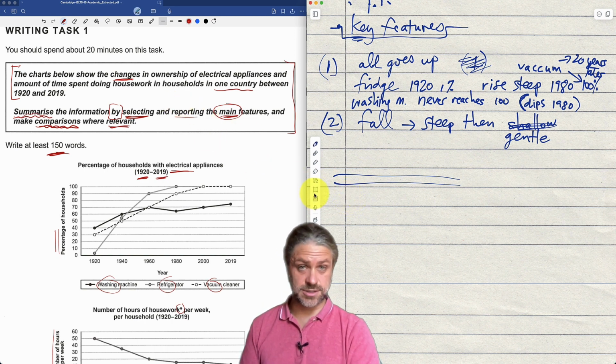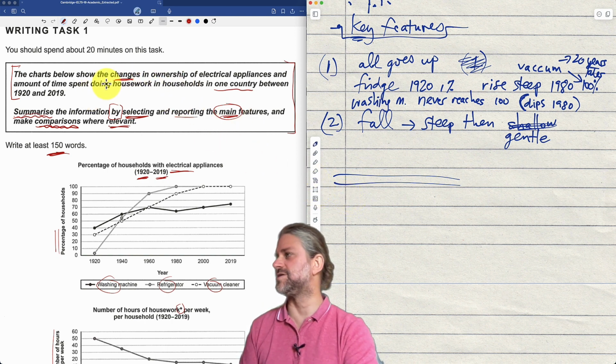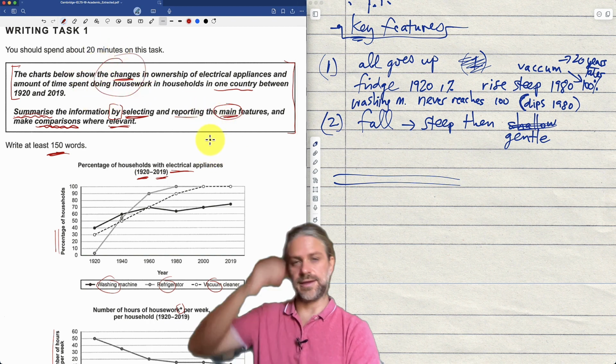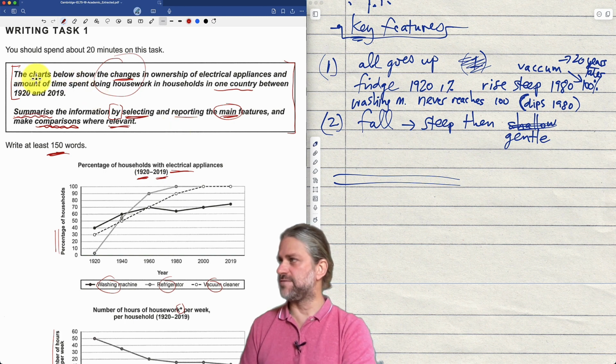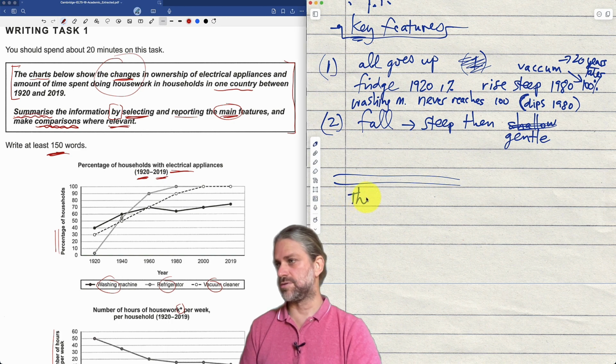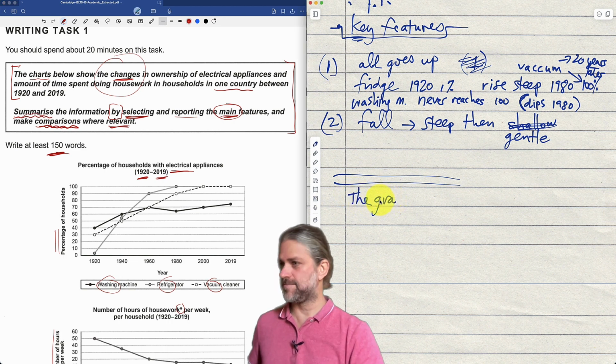Now, how do I start? Okay, I have to take this information, which appears in the first sentence of the text in the box, but I cannot use the same wording. So what can I do? Well, they've used the word charts, so I would use the word graphs. So the graphs, the provided, let's use this.